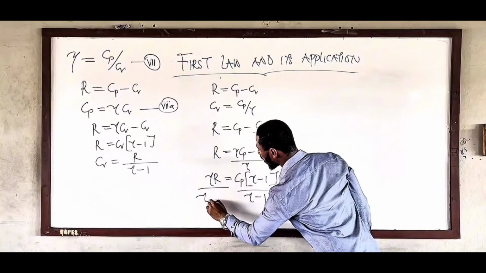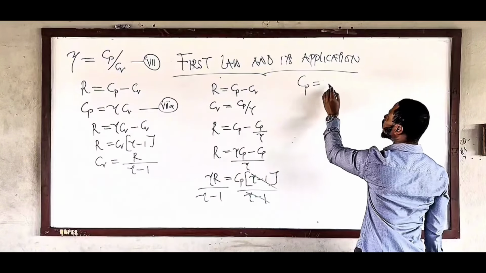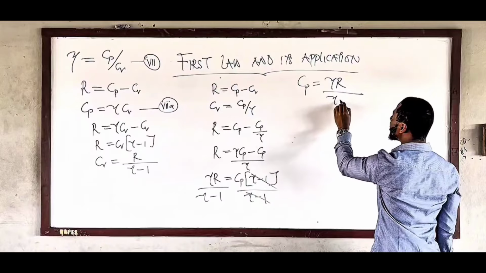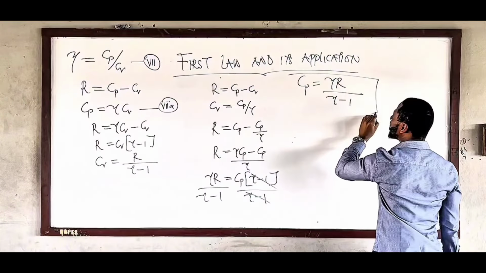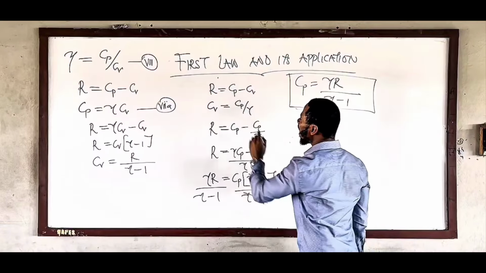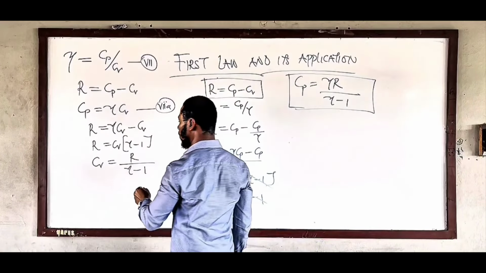The equation becomes Cp equals gamma R divided by gamma minus 1. This is another form of expression which you can also derive from the difference between the two specific heats.